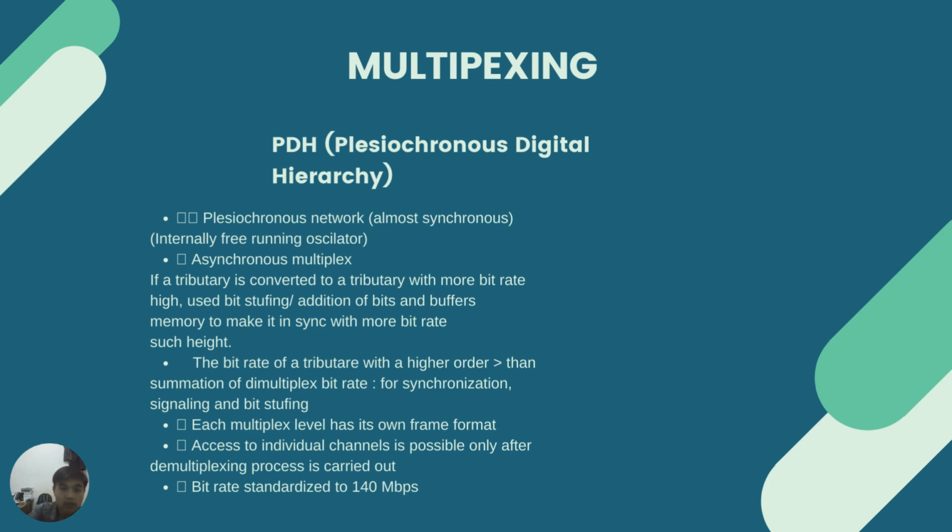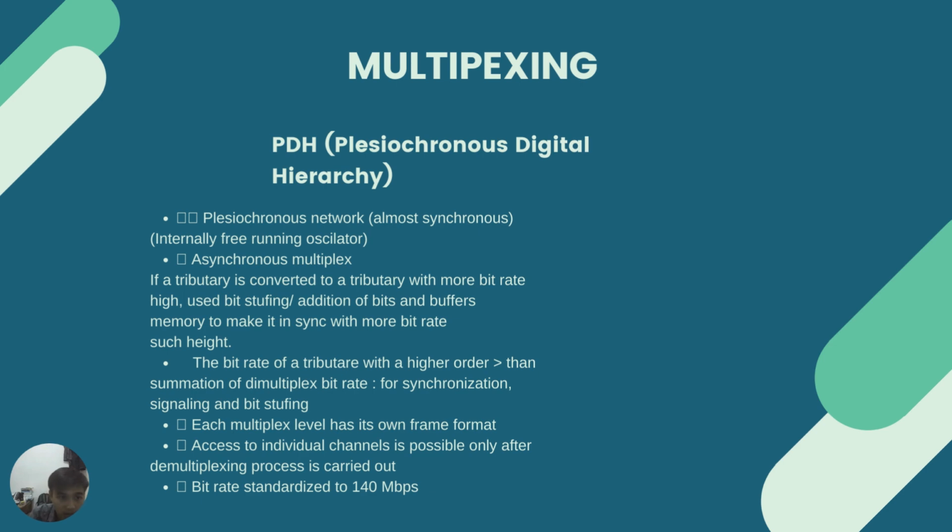So this one is the multiplexing for the PDH, or plesiochronous digital hierarchy, and this is the explanation for the PDH network: almost synchronous, with an internal free-running oscillator and an asynchronous multiplexer.